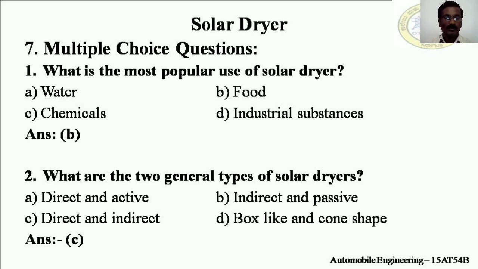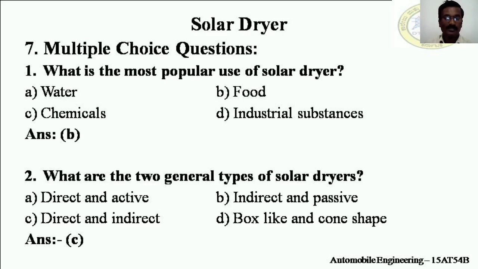Next question, what are the two general types of solar dryers? The options shown are: direct and active, indirect and passive, direct and indirect types, box like and cone like shapes. So the answer here is that there are only two major types, direct and indirect types.